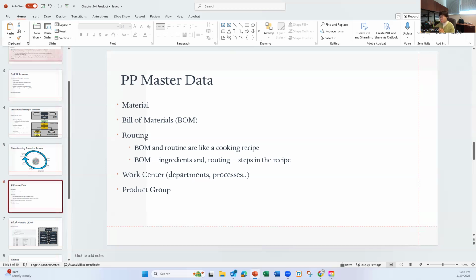And under the routing, you will have time planning, like under each process, how long the process will be. You have a plan for that, in minutes or hours or days. So that's all the standard expectations for the processes.